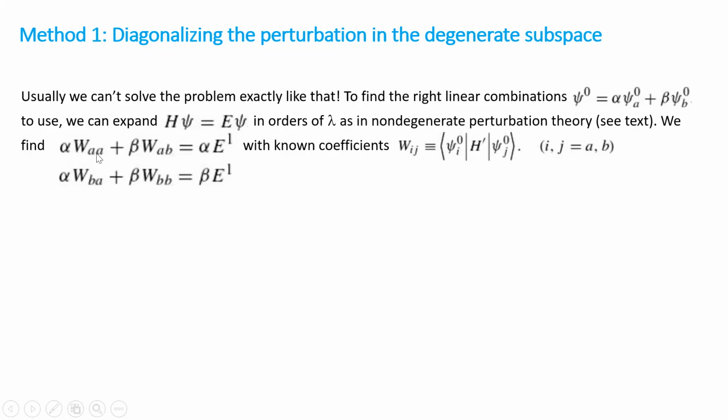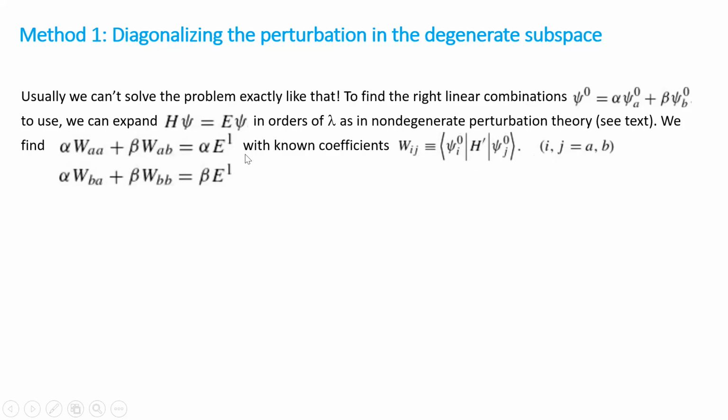So what are these coefficients W? Well, Wij is the matrix element of the perturbation in between the state psi I0 and psi J0. So for example, with I equal A and J equal B, this would be psi A0 H prime psi B0, or WAB. So it's the matrix element of the perturbation in the two unperturbed states we have, psi A0 and psi B0.